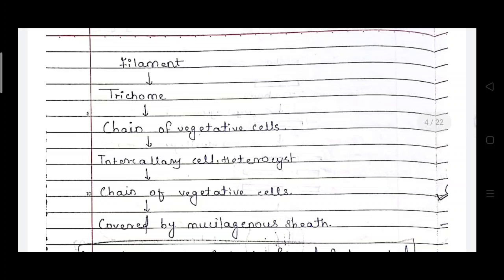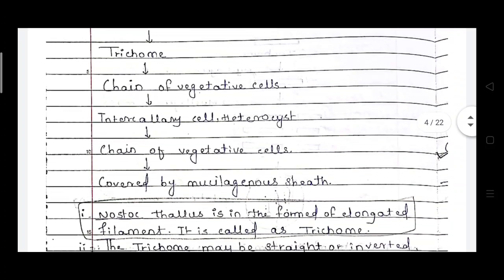The filament, which is called the trichome, is nothing but a chain of vegetative cells, and at the intercalary position the heterocyst is present.